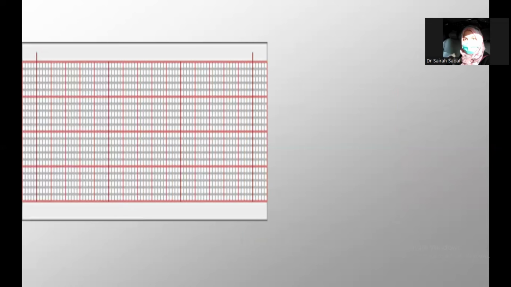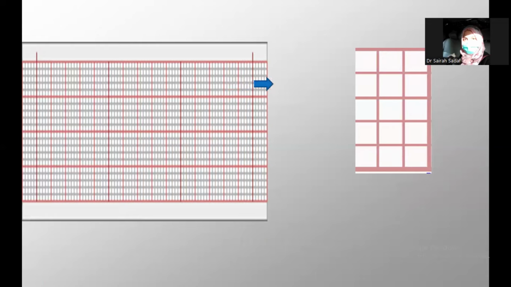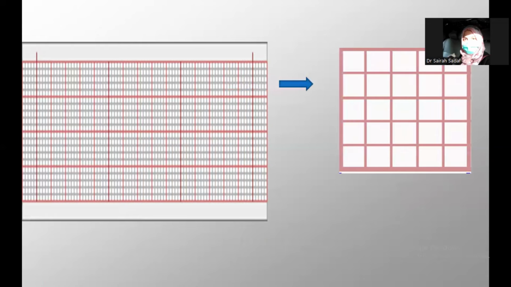Now, as the graph paper is formed by different boxes, let's zoom in on one box. As you can see, this is a large square, and the large square has many tiny small squares in it. Each small square is 1 millimeter in height and width.